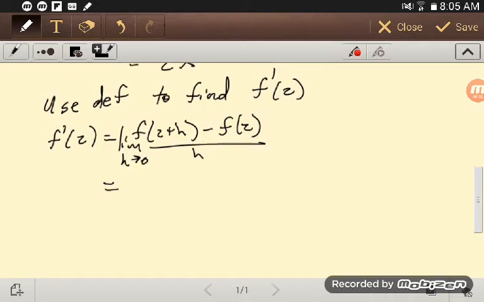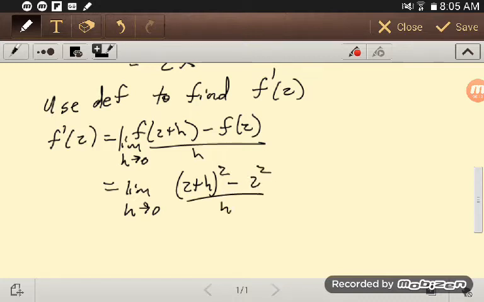And so we have our limit as h goes to 0 of (2 plus h) squared minus 2 squared over h, dot, dot, dot, right?